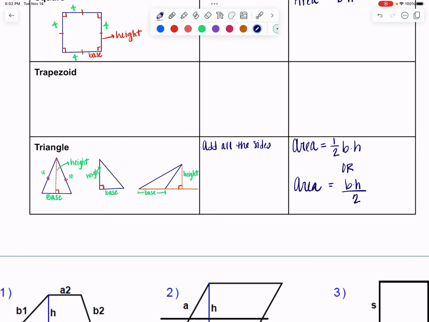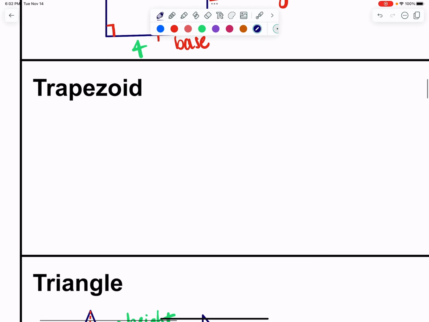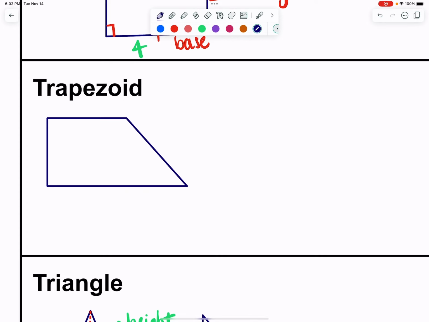The last one we are going to hold you responsible for is the trapezoid. The trapezoid can have a couple of different forms. Trapezoid could look like that. It could look like the top of Snoopy's doghouse.